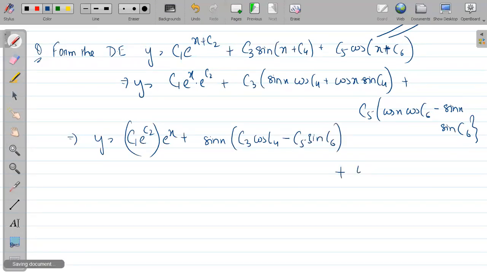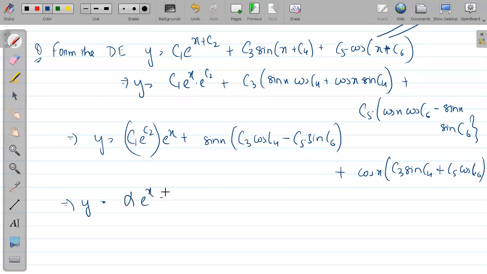If I write the cos term, I am getting here C3 sin C4 plus C5 cos C6. तो भाई साहब ये सब constant ही तो है. C3, C4, C5, C6 all are constant. So basically if you simplify, you are getting what? Alpha into e to the power x, beta into sin x, and gamma into cos x. Can't you write like this?